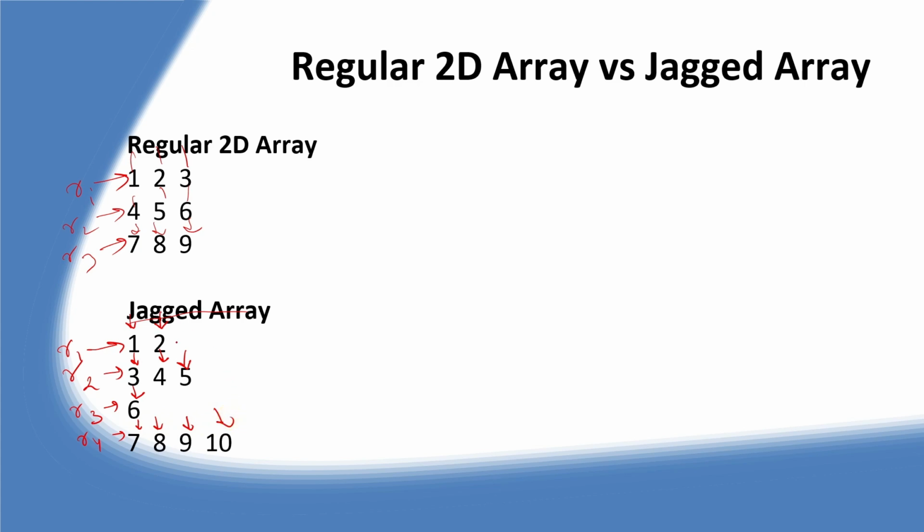So we can see here the number of columns is different for each row. It can be the same for some of the rows, but in the jagged array it is different. So this is the basic difference between the regular 2D array and the jagged array.